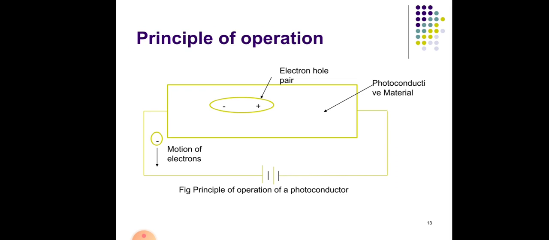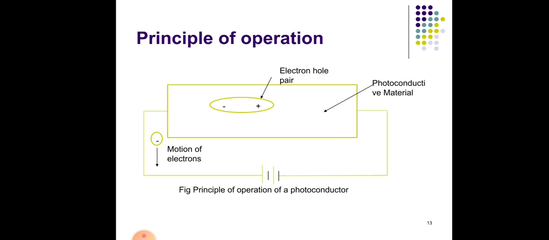Principle of operation. As shown in the figure, when light is incident on a photosensitive material, the event takes place in the following sequence. First, the incident photons collide with the atoms of the light sensitive semiconductor material and impart energy to them.